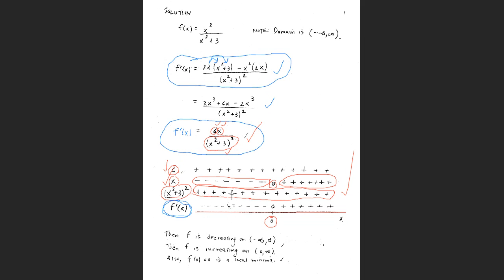So, when x is less than 0, the first derivative is negative. How do we get that? How do we establish that when x is less than 0, the first derivative is negative for all x values less than 0?